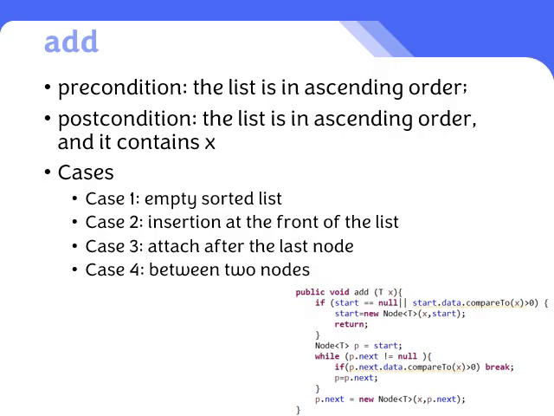Before explaining the implementation, I assume that nodes in the sorted list are sorted in ascending order. After calling the add method, the list is in ascending order and it contains the data. Here is the code to add data to the sorted list. The add method checks whether the sorted list is empty in the first if statement, or whether the added new node becomes the smallest number in the list.